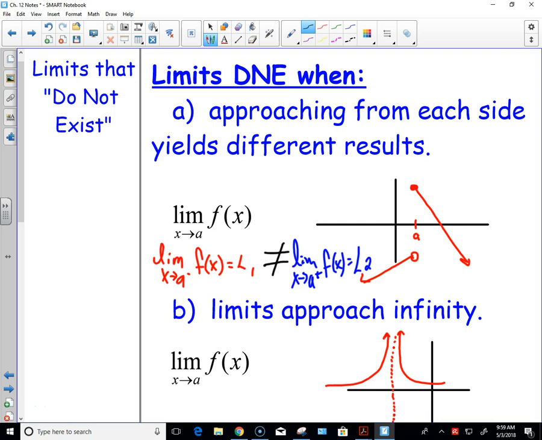If where the limit from below is approaching does not agree with where the limit from above is approaching, the limit does not exist.